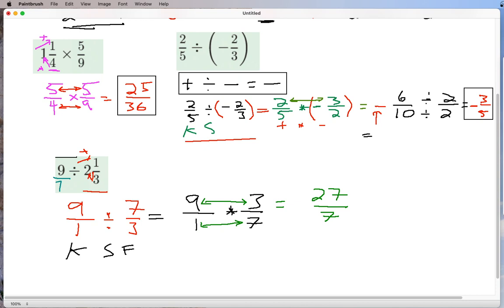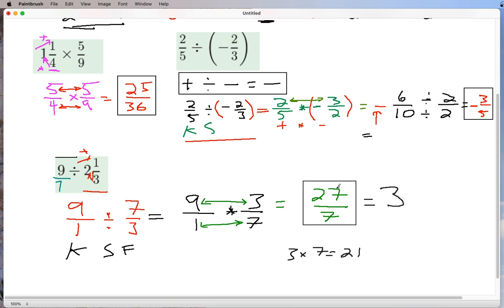And I'm just going to keep this as an improper fraction for the time being. If you want to know how this is as a mixed fraction, well, we can change it back to a mixed fraction. 27 divided by 7, if you use your calculator, we'll find out that it goes in at least 3 times, okay? And then what we need to do is find the remainder. So if I go 3 times 7 here, I get 21, all right?